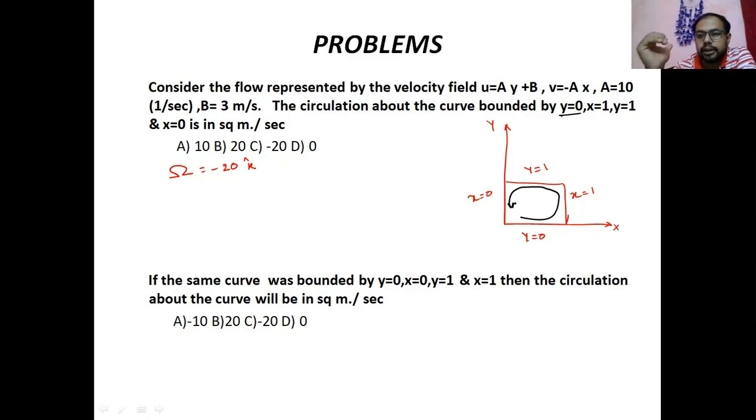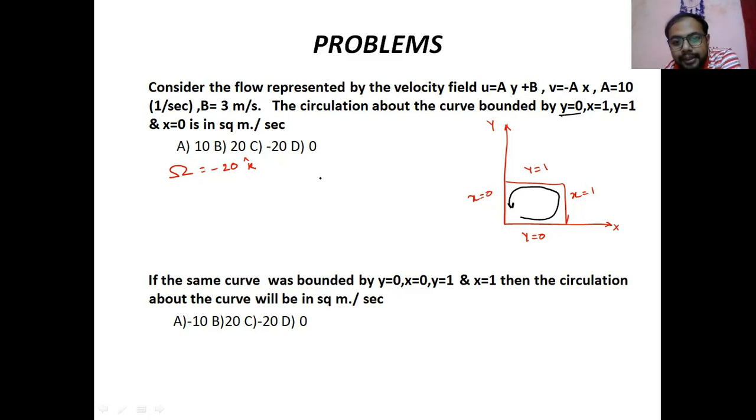As it is anti-clockwise rotation, if you keep your right hand in this way, you will see the positive direction. So this vector quantity, the area vector, should be in the positive direction.